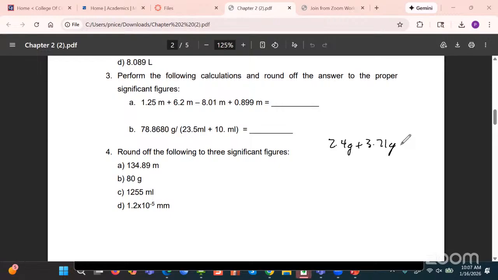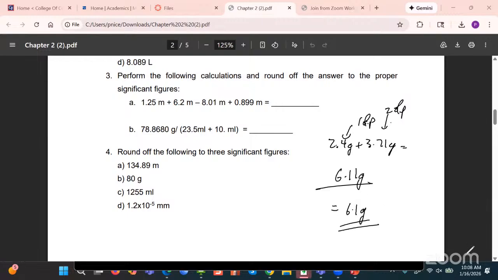If I add 2.4 to 3.71, I got 6.11 grams. So I need to round this off to the number with the fewest decimal places, which is this one. This one has 1 decimal place, whereas this one has 2. So I have to round this off to 1 decimal place, and this becomes 6.1 grams.